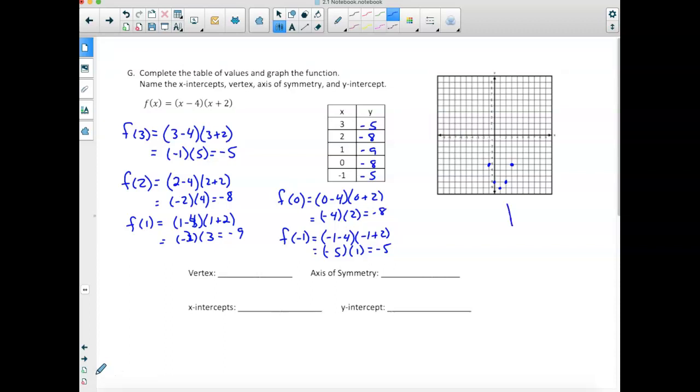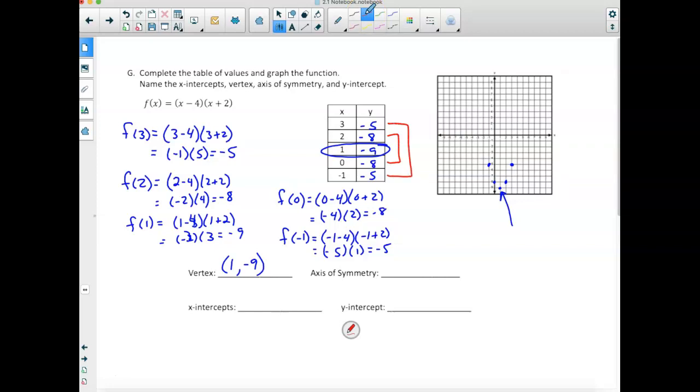I can see my vertex, my low point. Vertex is always the low point or the high point, remember. My vertex is right here in the middle at 1, negative 9. And like I said, we can see the symmetry in the y values surrounding the vertex building up.